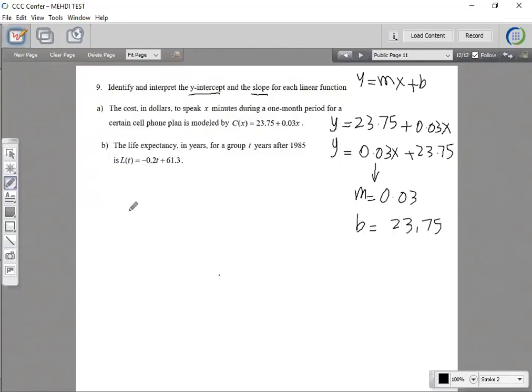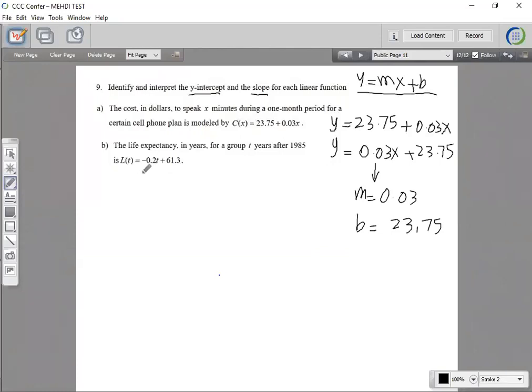For the second example, this is L of T, the life expectancy in years for group T years after 1985. So L of T is equal to minus 0.2T plus 61.3. Again, we want to write it in this form, y is equal to mx plus b.